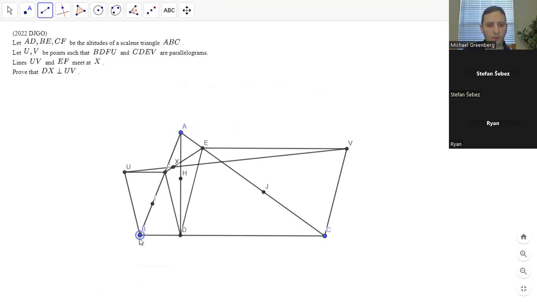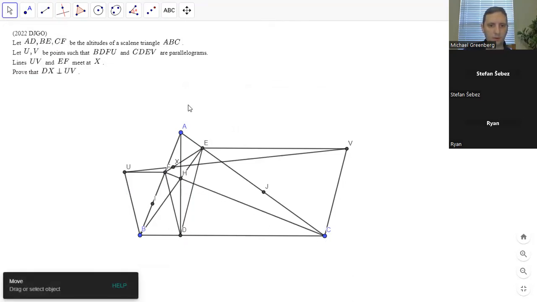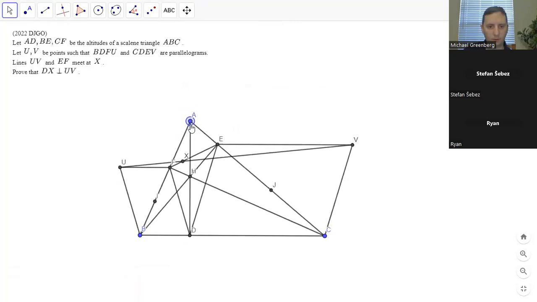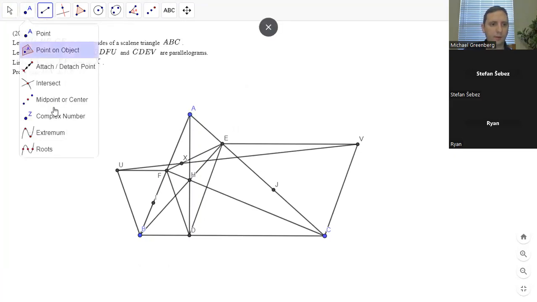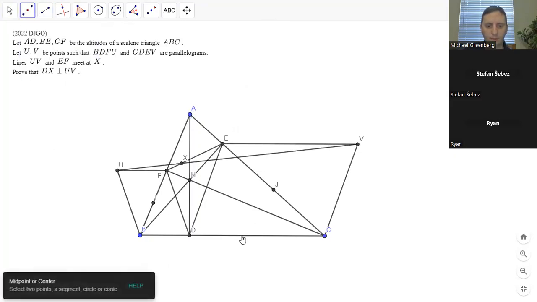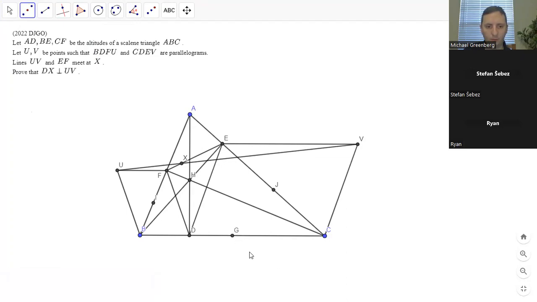I'm going to draw the midpoint of BC. So the GI and GJ are perpendicular.